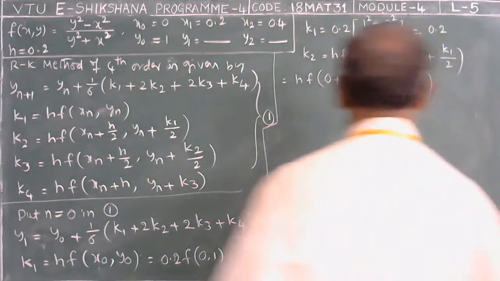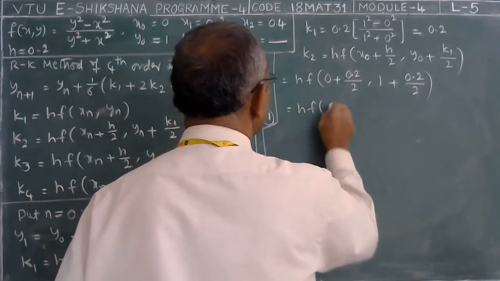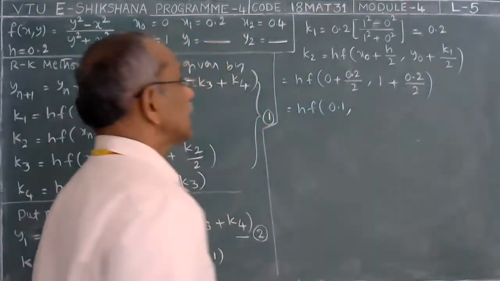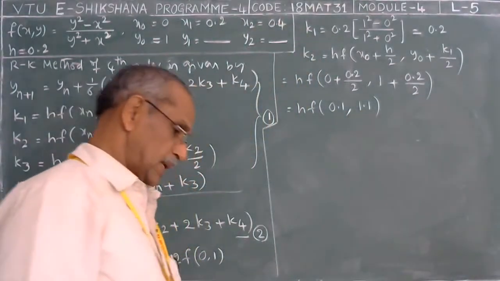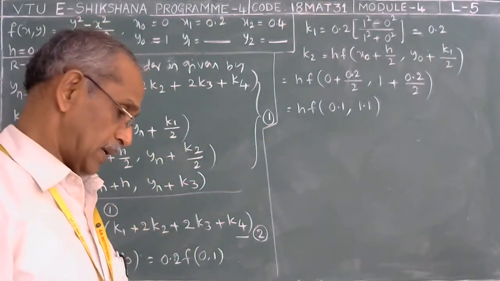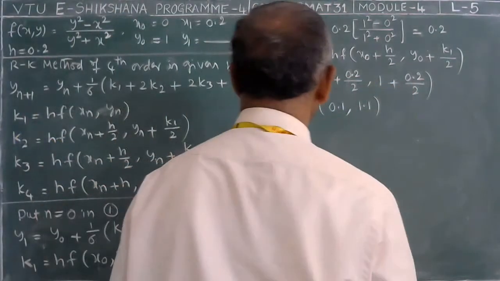If you simplify, this can be written as h into f of 0.1, comma, 1.1.